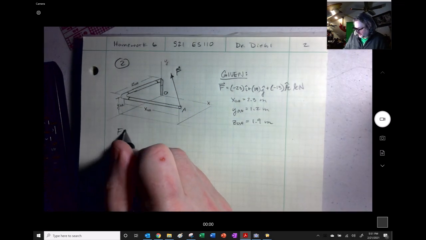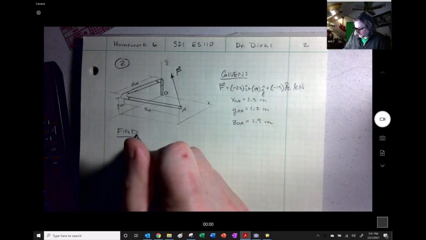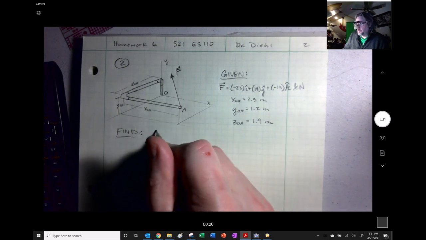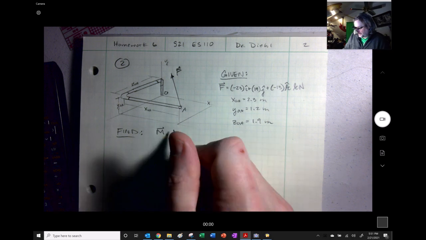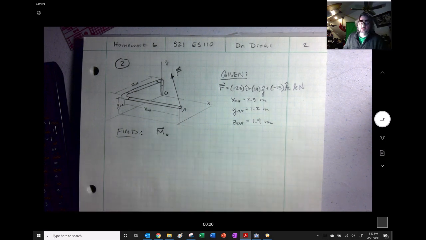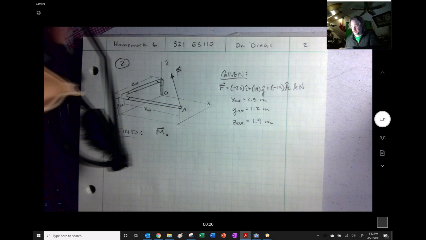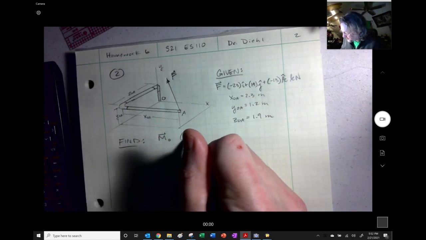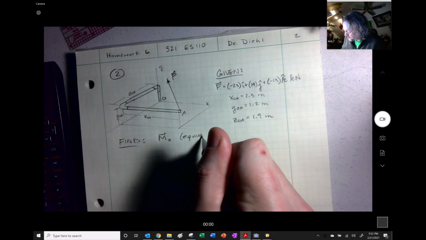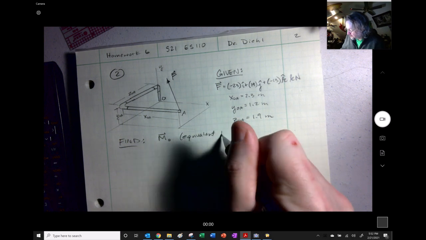And our find MO, right? So we want to find the reaction, no, the equivalent. Maybe even writing it there, equivalent.